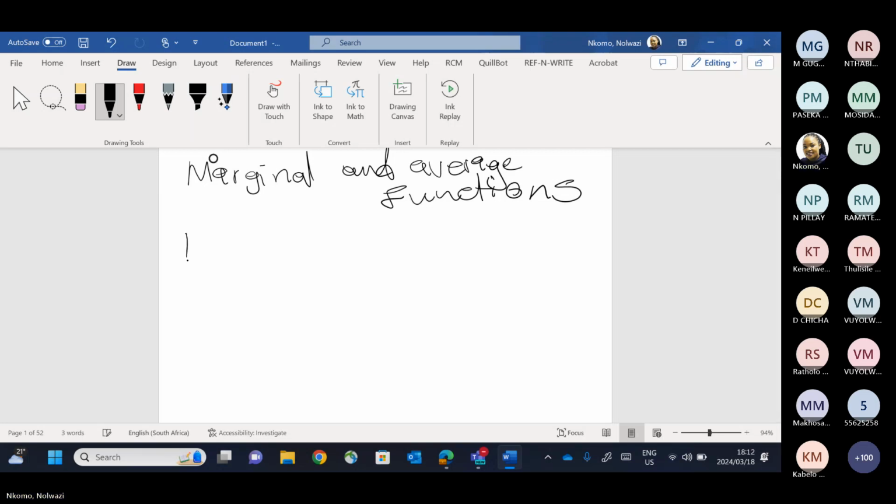Marginal revenue is the derivative of the total revenue with respect to the quantity. This means the rate at which the total revenue changes is called the marginal revenue.